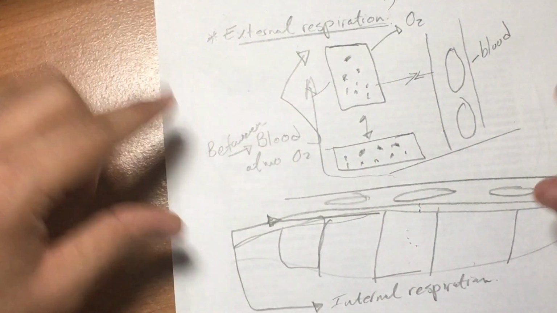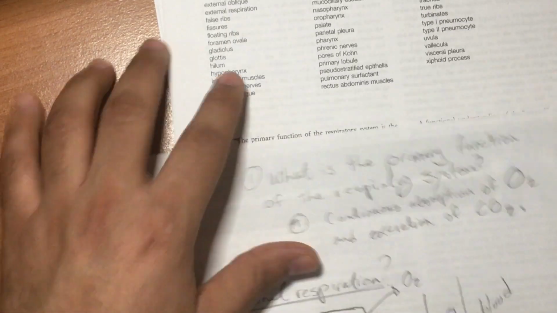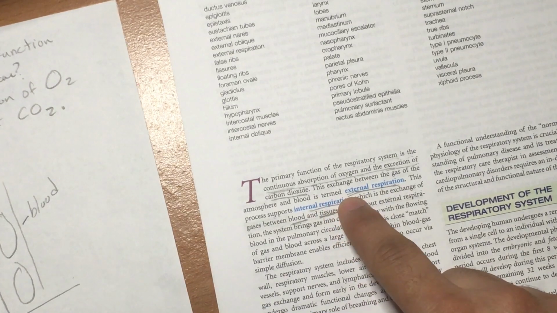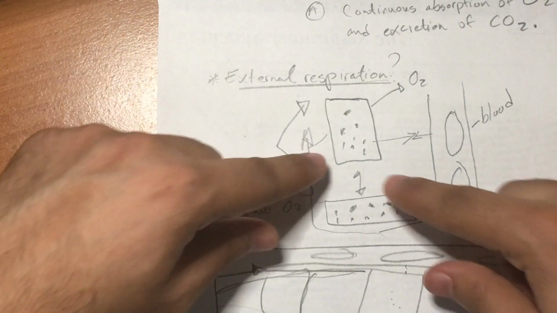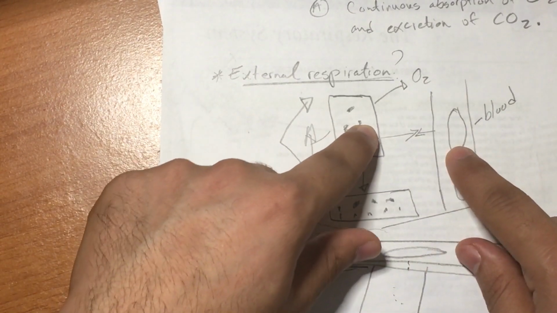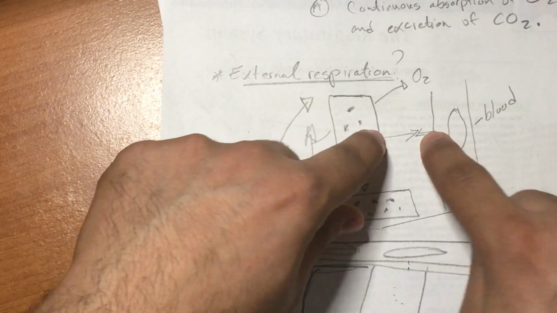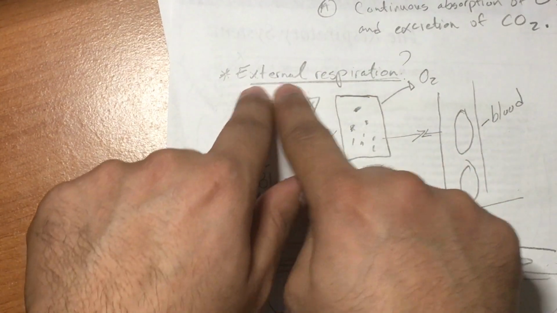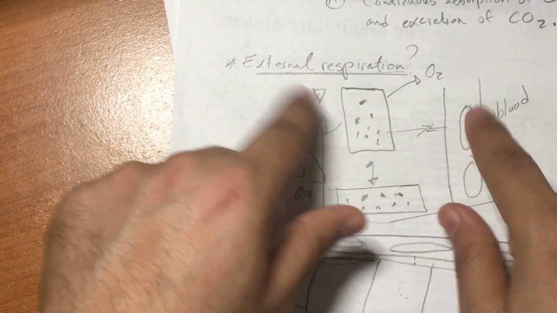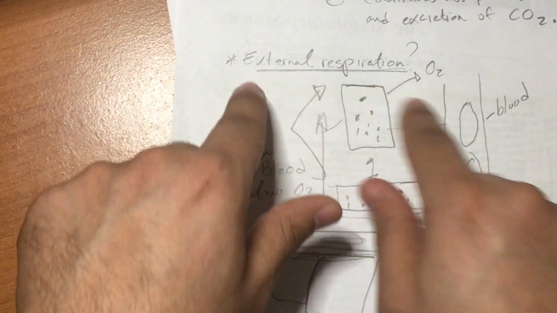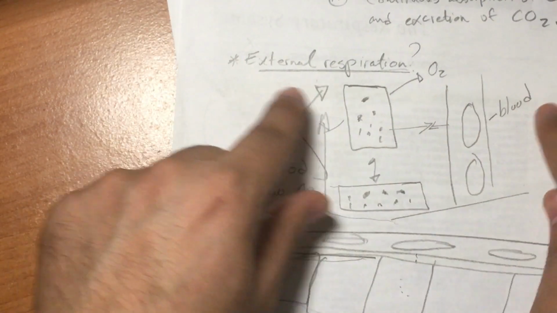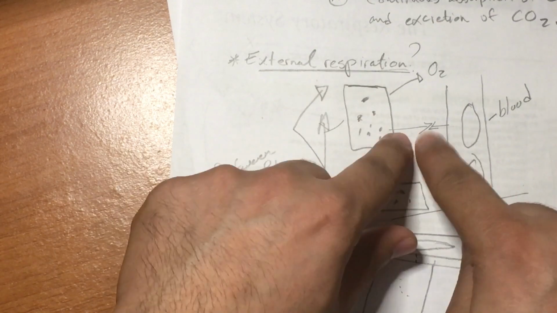So they gave two terms to understand. External respiration, which is right here in the chapter, is gas exchange between the atmosphere, oxygen when you inhale from the environment, straight to the blood. It is called external respiration, which is external, outside. It's still happening inside your lung, but external respiration is between your blood vessels and the atmosphere.